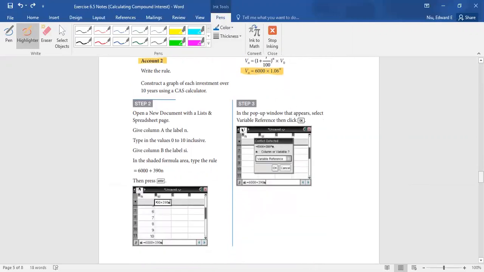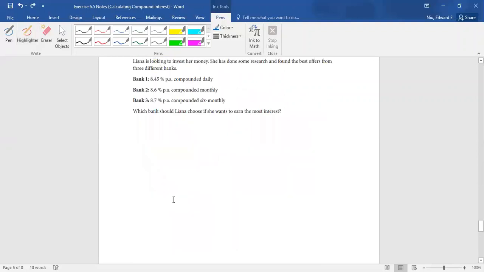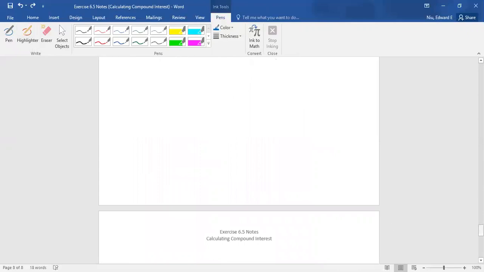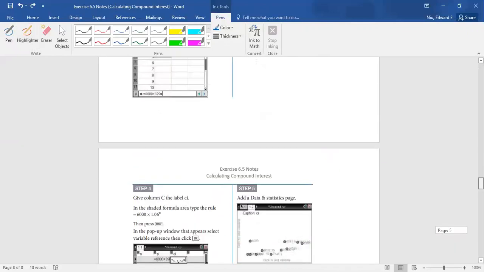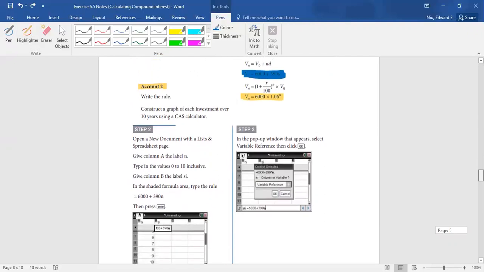The simple interest, they've named it SI, and they've put the rule in that column. You really can't see that, so let's use arrows instead.